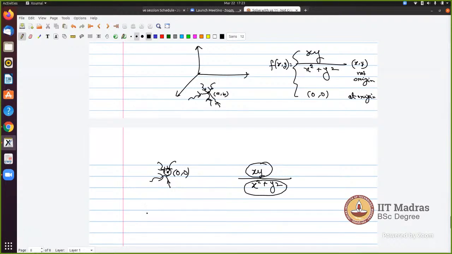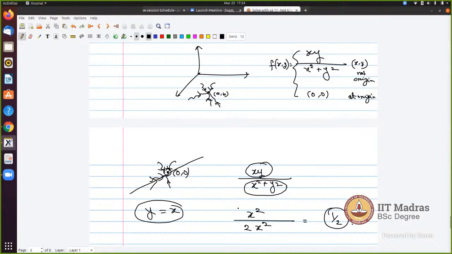So suppose I am taking y equal to x, this straight line. y equal to x is passing through the origin, right? Yes. So if I approach via this straight line, what will I get? If I put y equal to x, I will get x square in the numerator, and in the denominator, I will get 2x square. So this is half.